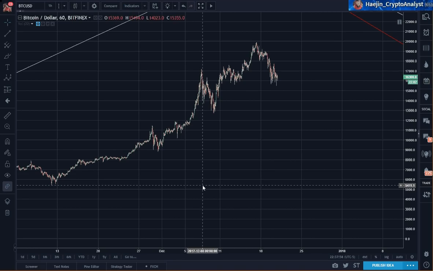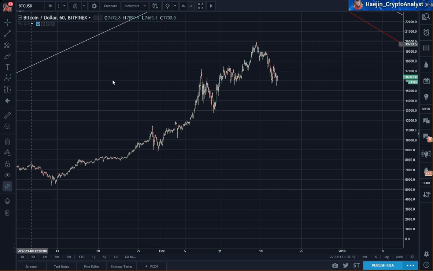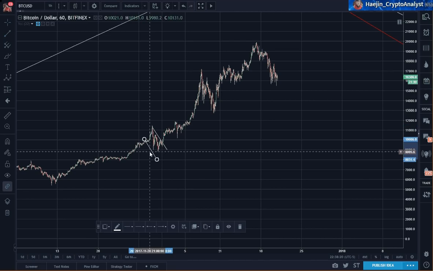Fractals are quite important in the analysis of future price pathway. Fractal, F-R-A-C-T-A-L. And this fractal has to do with bull flags. Boom, right here, 1.